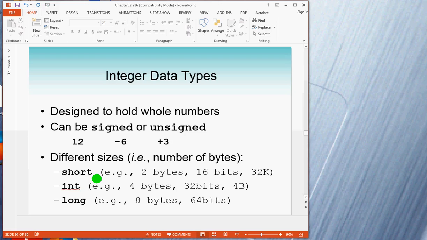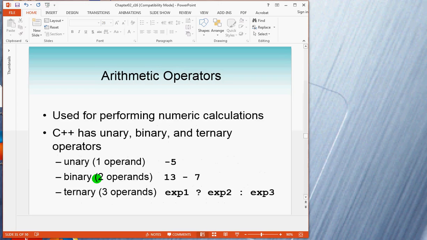A regular int typically occupies a complete computer word, which is typically 4 bytes or 32 bits, and with an int you can hold values up to approximately 4 billion. A long integer occupies at least 8 bytes or 64 bits, and it can hold numbers much bigger.